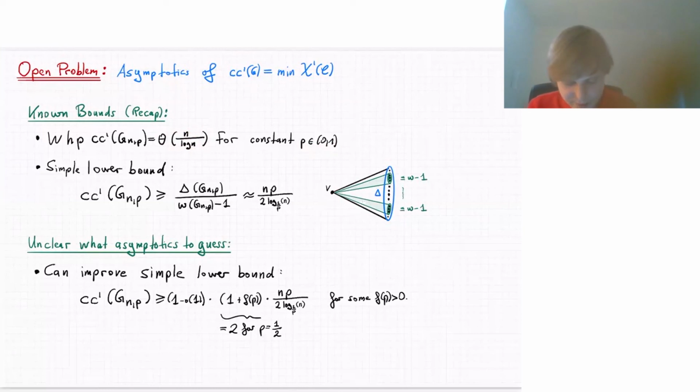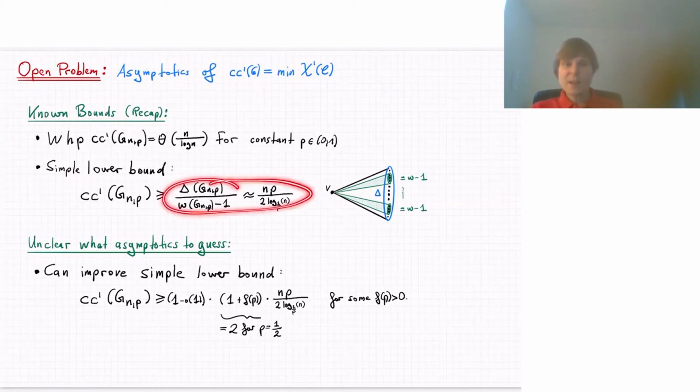Then we had this fairly simple lower bound observation, which was just based on the fact that once we know the degree of a vertex and the maximum degree, that tells us that in any clique covering, a vertex must be in at least this many cliques, and hence to properly color your covering, you need at least this many colors.